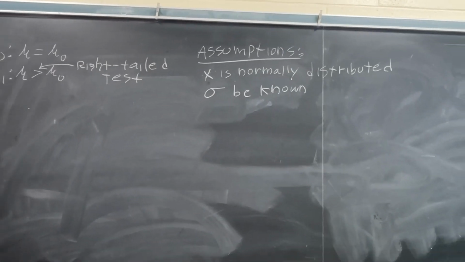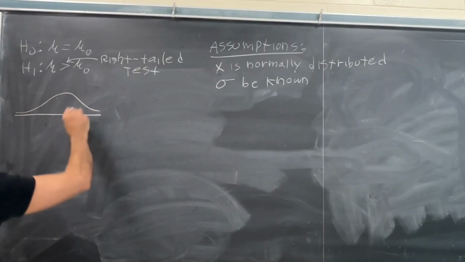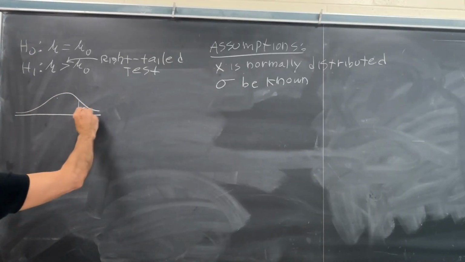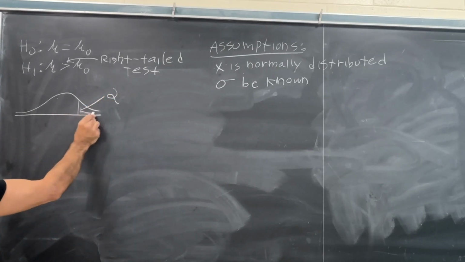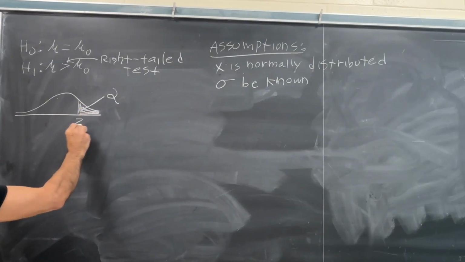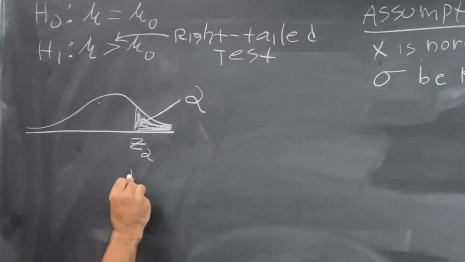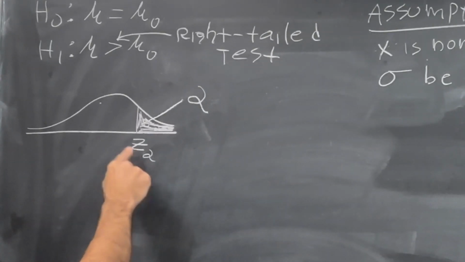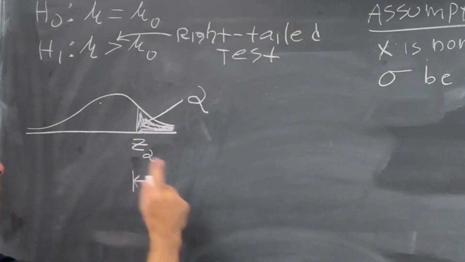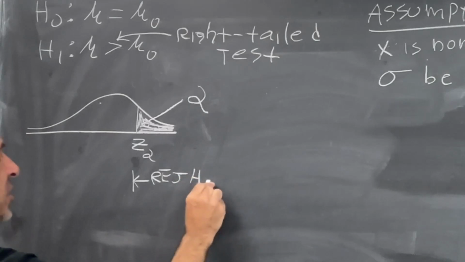So we'll start with the basic construction. So if this is our alpha value, this is our z sub alpha value, and this region to the right of this standard critical value is where we reject the null hypothesis.